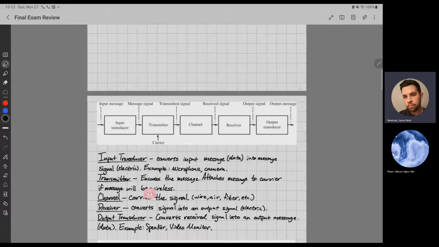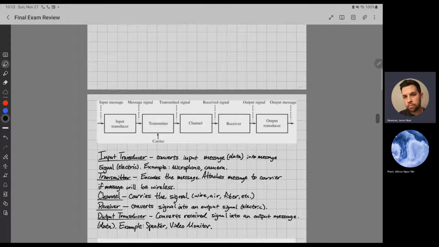Transmitter encodes the message, attaches message to carrier if message will be wireless. Yeah, so this is the carrier, which is only if the signal is wireless. The channel is just the medium, so it just carries the signal over a wire, air, fiber, etc. And then the receiver converts the signal into an output signal.